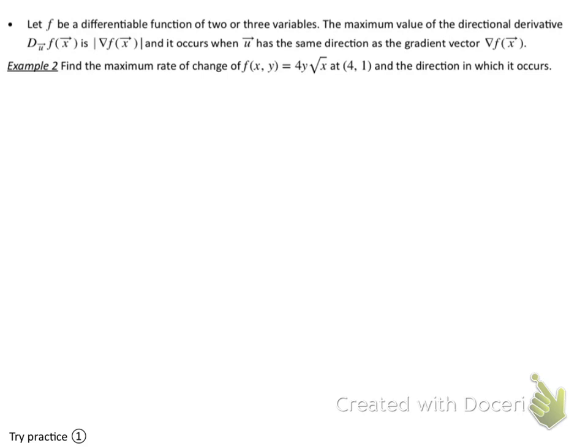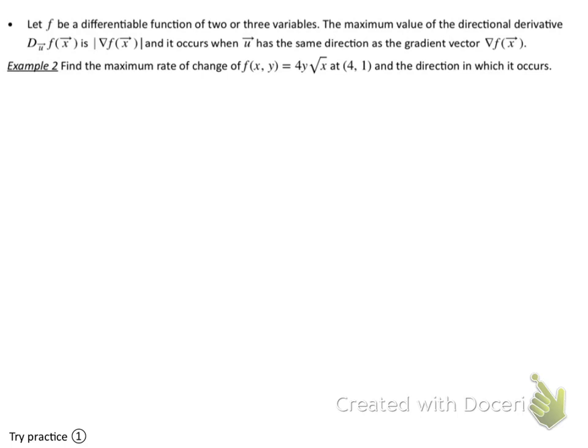Let f be a differentiable function of 2 or 3 variables. The maximum value of the directional derivative is the magnitude of del f, because you are multiplying with a unit vector, and it occurs when the vector u has the same direction as the gradient del f.